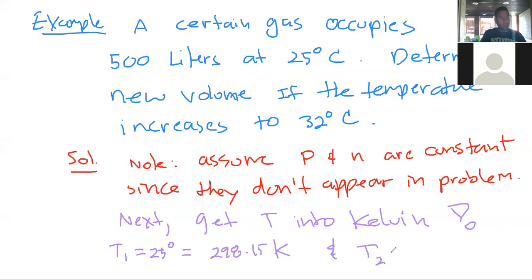And then, of course, T sub 2, which was 32 degrees Celsius, if you do the arithmetic there, 32 plus 273.15 is 305.15, barring I didn't make any arithmetical errors. Kelvin.